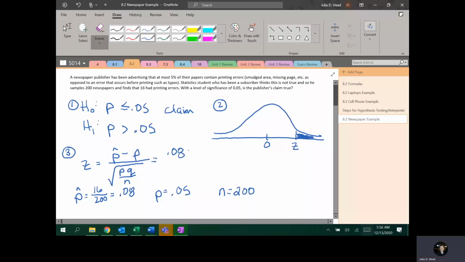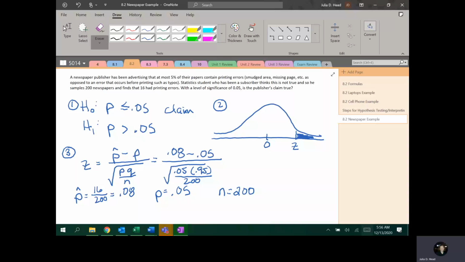So we plug in all of these numbers. One thing I'd like you to pay extra careful attention to is the numerator of these test statistics.